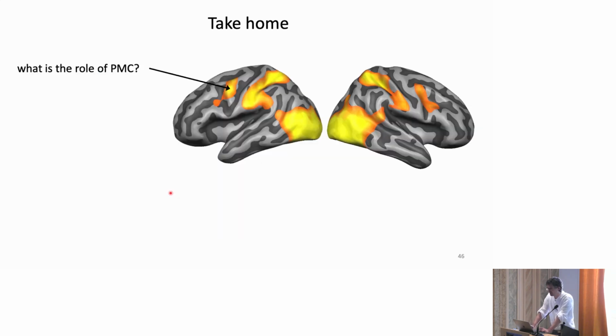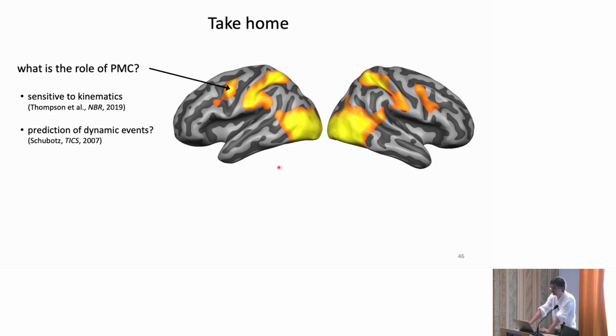So now I was quite silent about the role of the premotor cortex. This is simply because I did not really find clear effects and dissociations in the premotor cortex, at least for the paradigms I've tested so far. In general, the premotor cortex appears to be more sensitive to action kinematics, but the precise function of premotor cortex in action recognition, I think, is still relatively unclear.